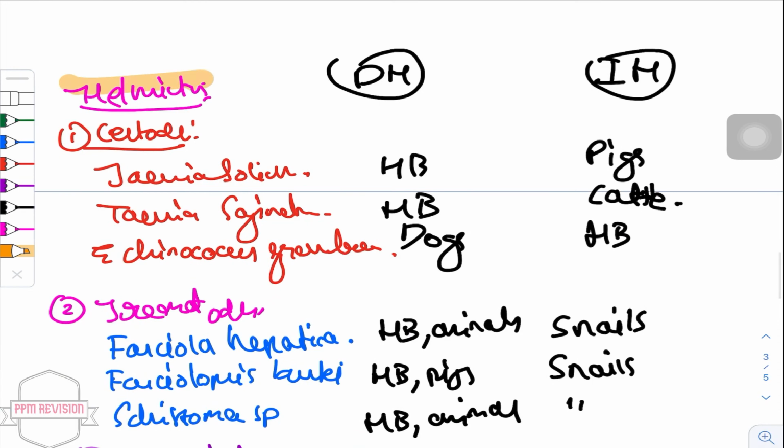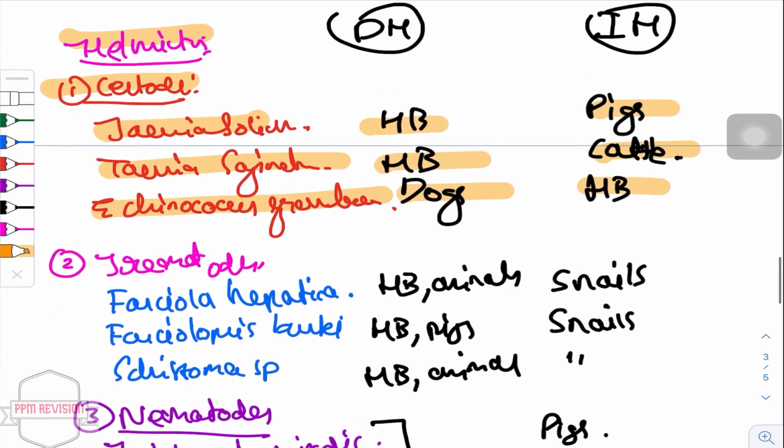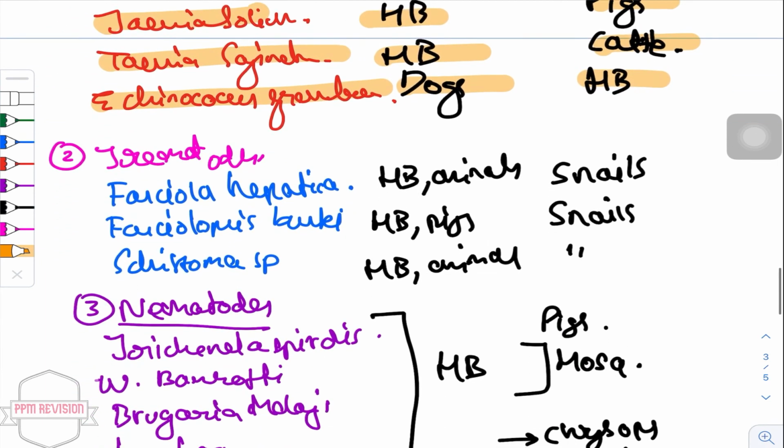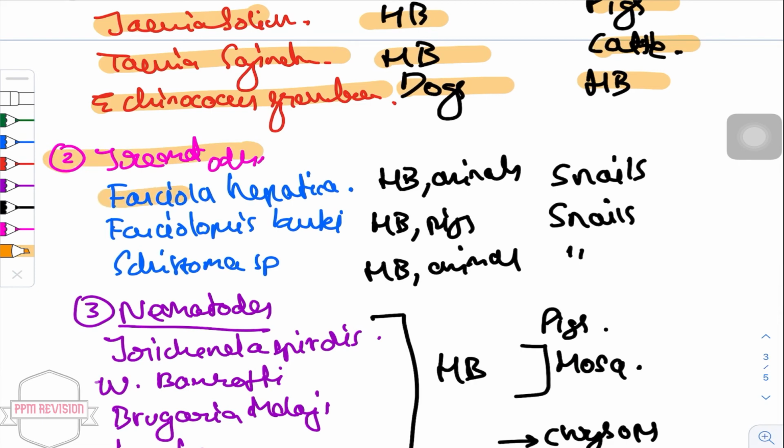Now looking at the helminths, under cestodes, there is Taenia solium, human beings and pigs, Taenia saginata, human beings and cattle, Echinococcus granulosus, dogs and human beings. So it can be dogs as well as any canine animals. So trematodes, under that you have Fasciola hepatica, Fasciolopsis buski, as well as Schistosoma. So human beings and animals, then human beings and pigs, and human beings and animals.